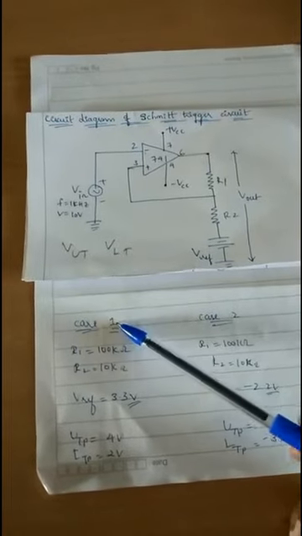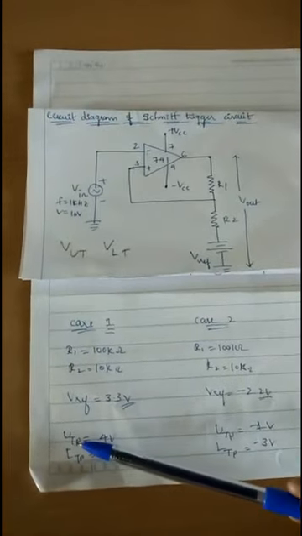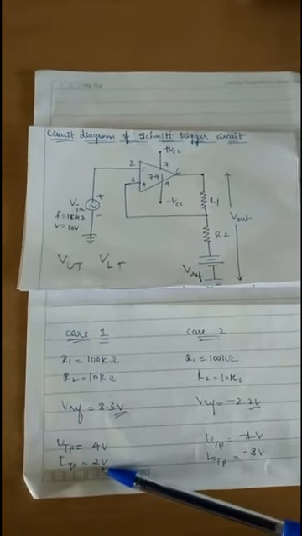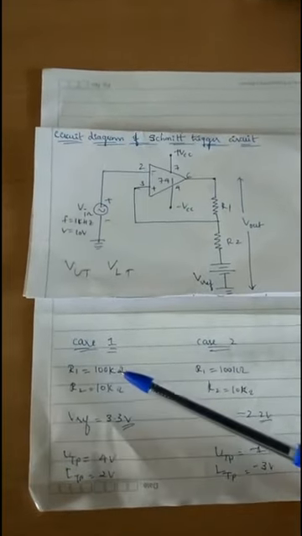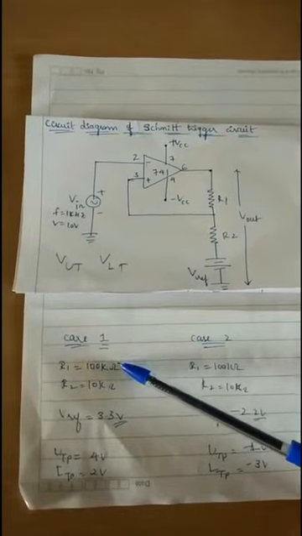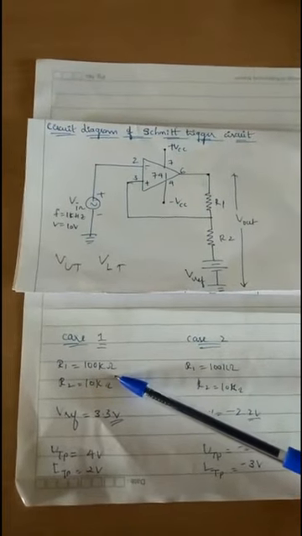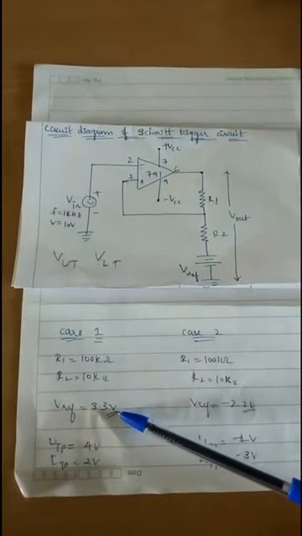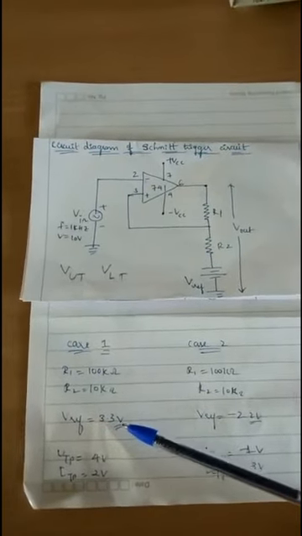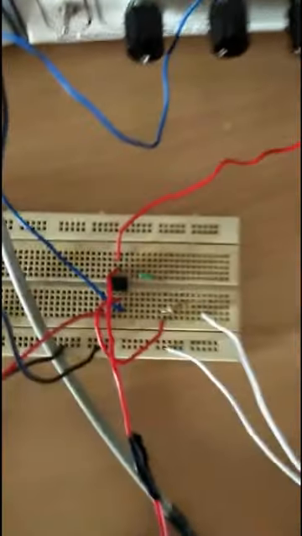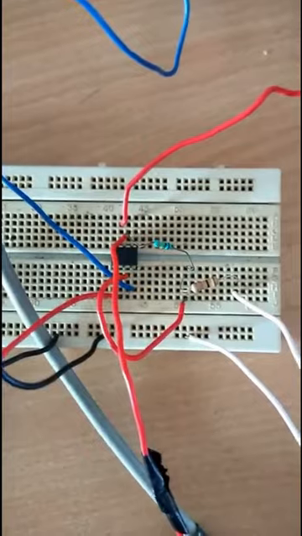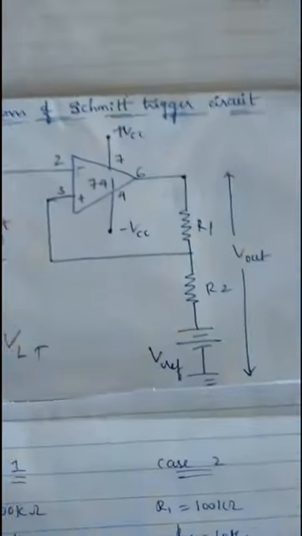Under case 1, the value is UTP as 4 volts and LTP as 2 volts. For the same values, we obtained R1 as 100K and R2 as 10K. If we substitute the same values, we obtain V reference as 3.3 volts. R1 is given to pin number 6, as you can see in the circuit diagram.